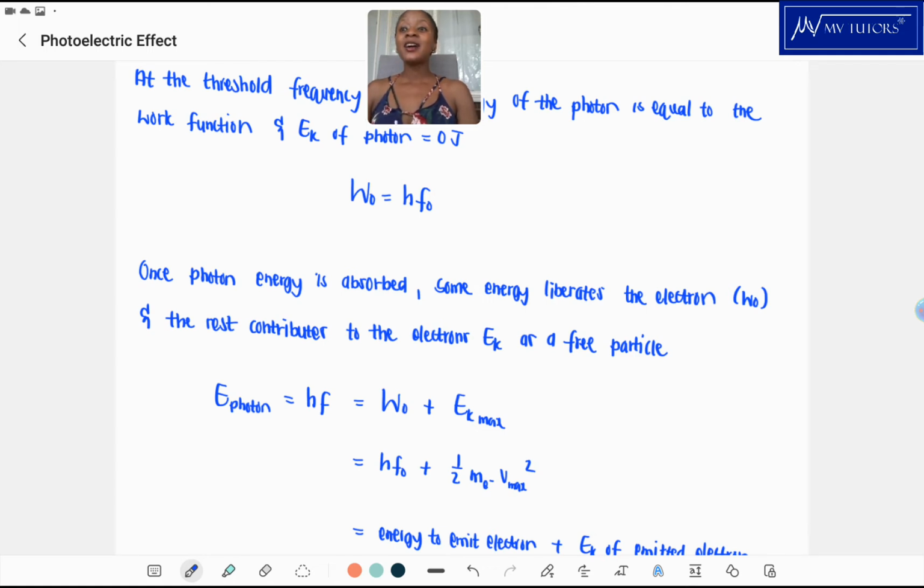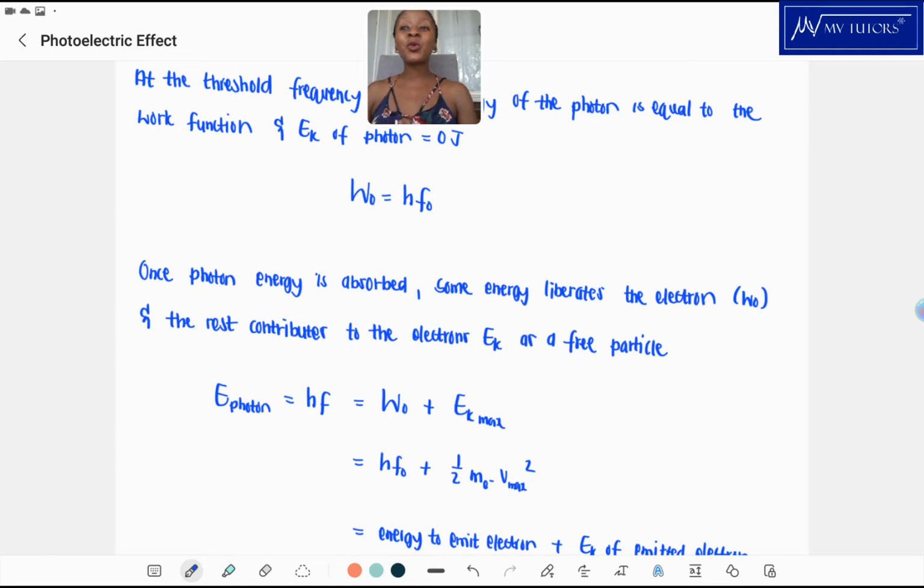So once the photon energy is absorbed, we have energy reserved for waking up the electron, and it's just sitting there like, okay, I'm awake now, and the rest of the energy contributes to the electron having kinetic energy. So now not only has the electron woken up from rest, but now it can get to work.